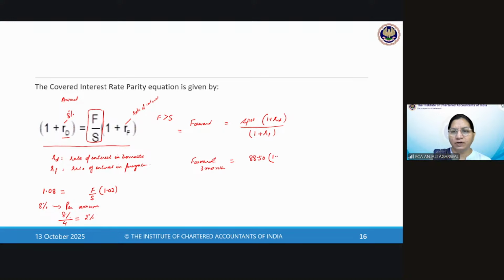So it will become 1.02, divided by the rate of interest in US, which is 2% per annum, which makes it 0.5% for 3 months. And 0.5% when expressed in decimal will become 1.005.